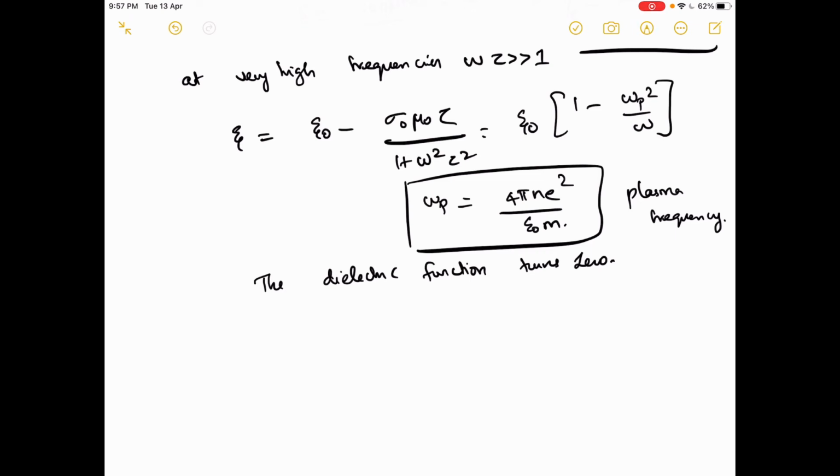In the sense, let's say if I plot the dielectric function as a function of frequency, of course under frequencies which are very large, not at very small frequency, right? So we're talking about infrared radiation and above, infrared to visible to ultraviolet.